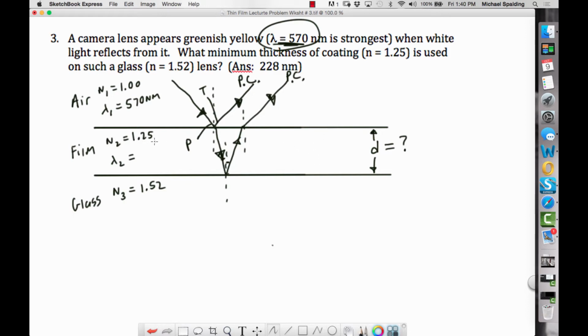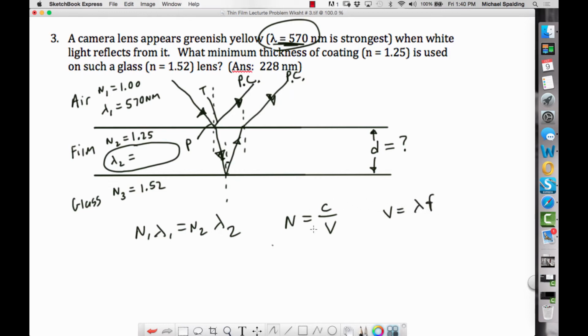All right. So let's find wavelength 2 right now. What would this wavelength in here be? What you can do is say N1 wavelength 1 equals N2 wavelength 2. Where did I get that equation from? You can figure it out from N equals C over V, and V equals wavelength times frequency.